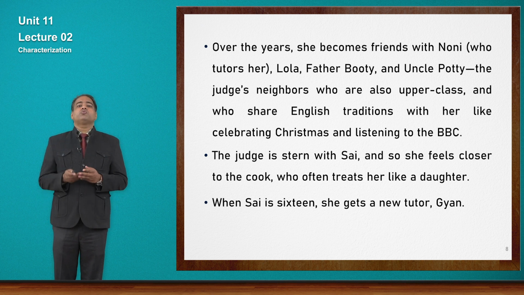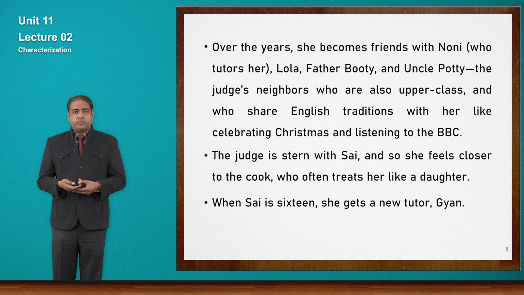Now, because of her school education, Sai is well fitted and she settled herself in the house and locality of the judge. Most of the people who were their neighbors are elite; they behaved like Europeans, like Britishers. They used to talk in English. They used to behave like Europeans.